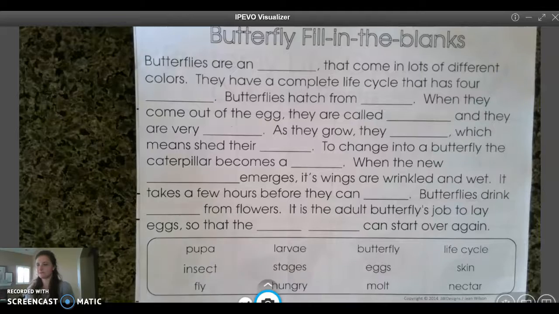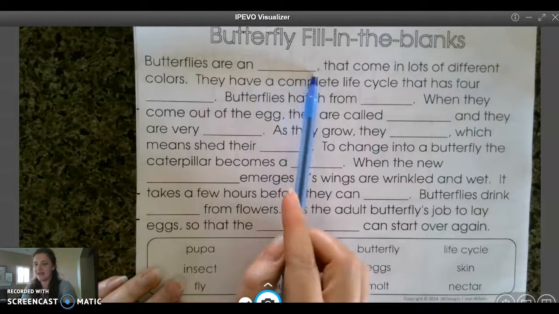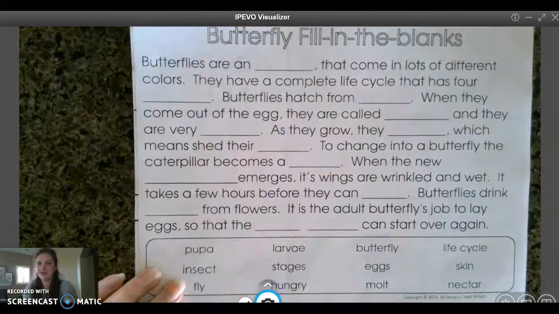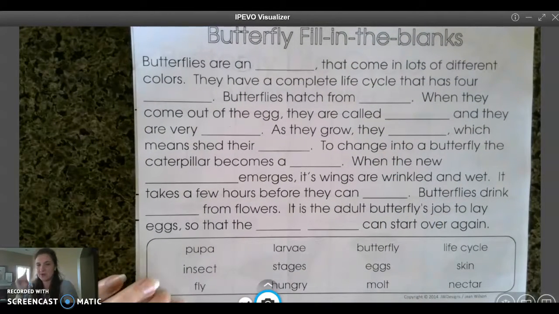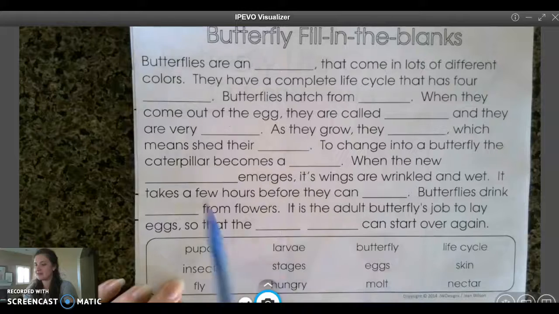Okay, so butterflies are an blank. Okay, I see the word "an" here. It says "an," which gives me a clue that the missing word begins with a vowel. And here in my list, I see 2 words beginning with a vowel. I see an I, insect, E, eggs.